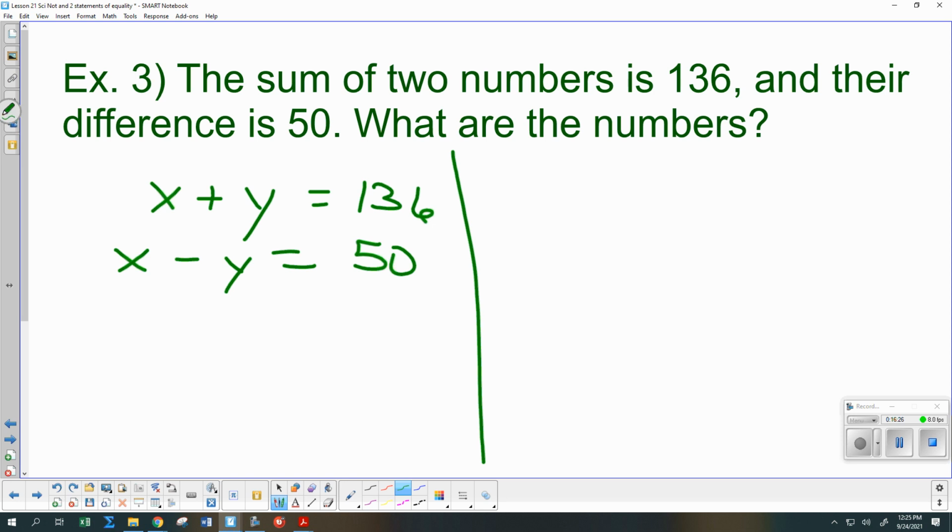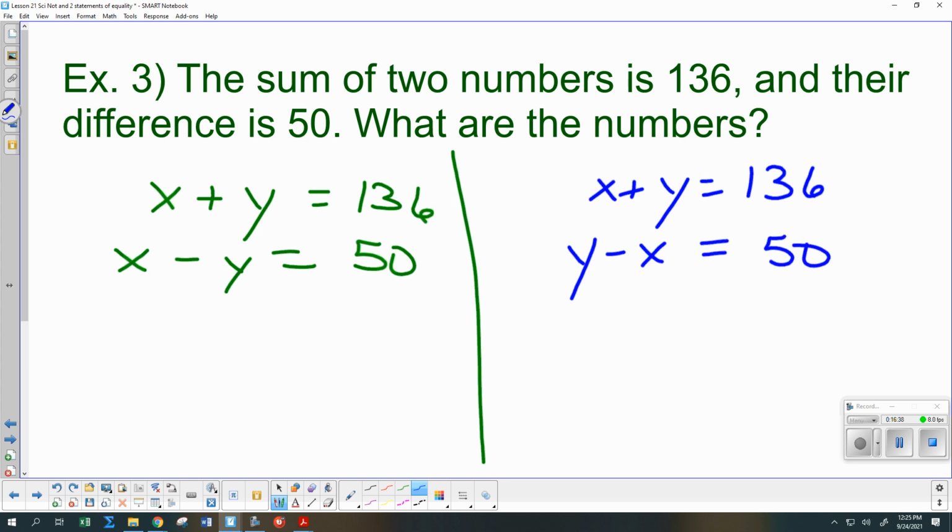Okay, did anybody do anything different? Anybody use different letters? Did anybody say x plus y is 136 and y minus x is 50? Could I have done that? Yeah. There's nothing that says which letter has to be which number.